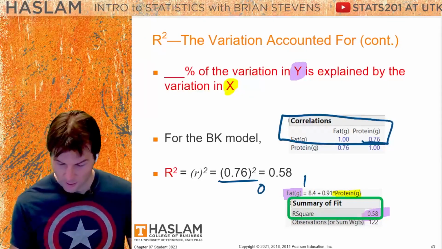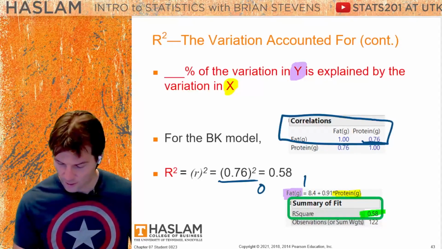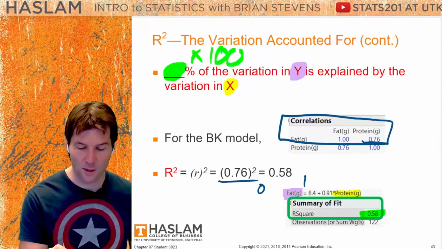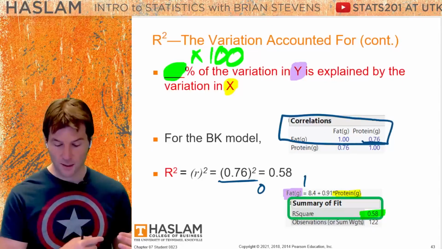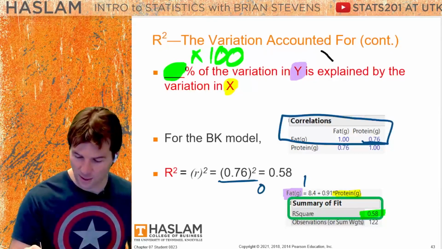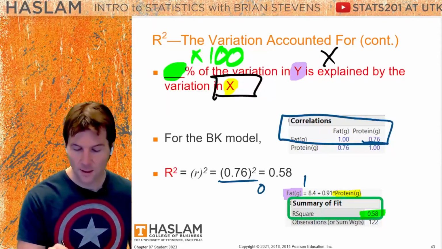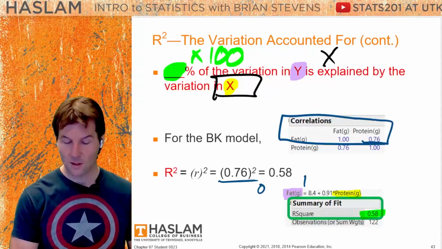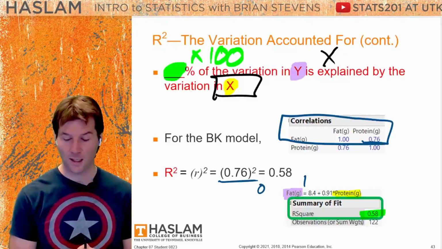R squared right here. Plug in the numbers, times by 100. 58% of the variation in fat is explained by the variation in protein.